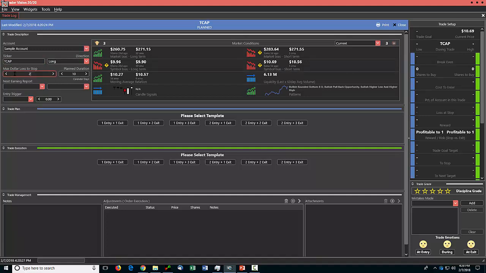And I'm only willing to risk 200 bucks. The first thing I want to look up is the earnings date, and I see that I've got that, and that's going to be about 2/28.